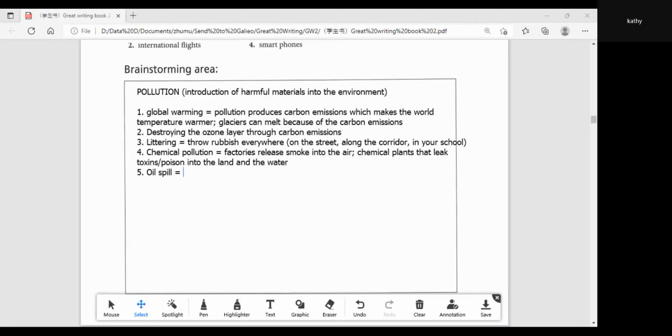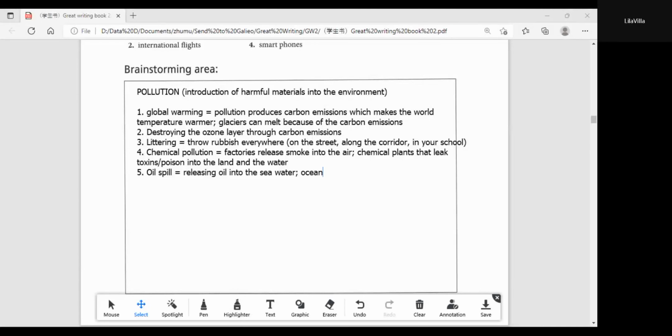England, Canada, China. An oil spill is like releasing oil into the seawater or the ocean. And you can't help it because they're passing into the sea.